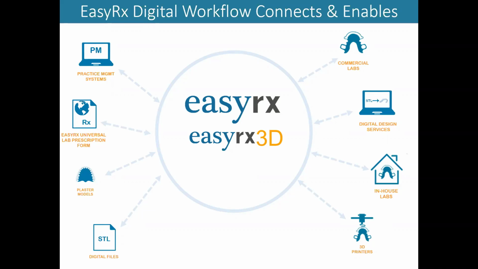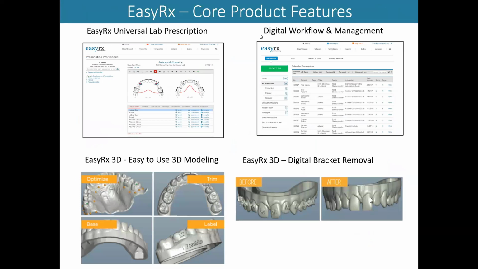And now that 3D printing has gotten a lot more popular with practices and labs, people are now trying to kind of master the in-house aligner workflow. That's what we're going to be focused on today. The other core features with EasyRx are our universal lab prescription form, our digital workflow management dashboard. So again, we can take a look at these a little closer in a one-on-one demo if you'd like to at some point.